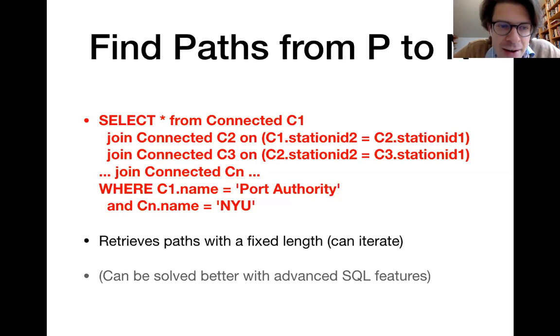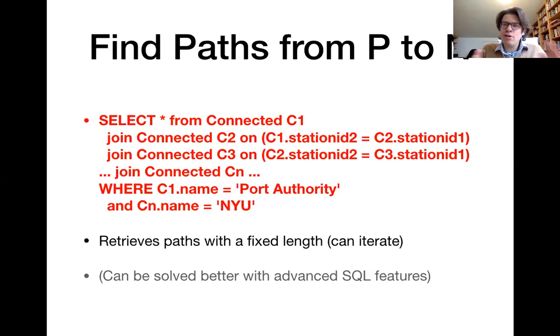And then finally, I just have to make sure that I'm starting from the Port Authority node by putting the corresponding restriction into the where clause. And the final node that I want is NYU. I can also put that as a restriction into the where clause. So, if I join this connections table a fixed number of times, then I get paths of a fixed length.